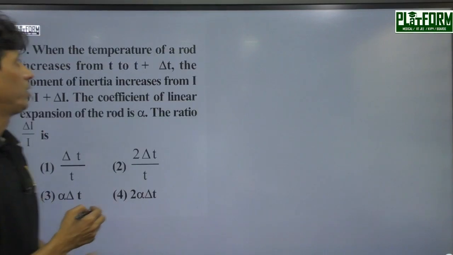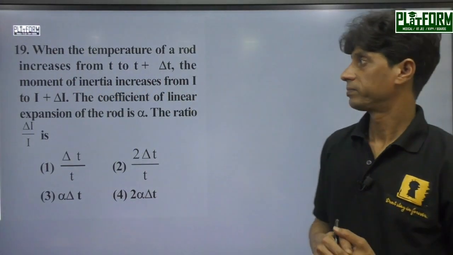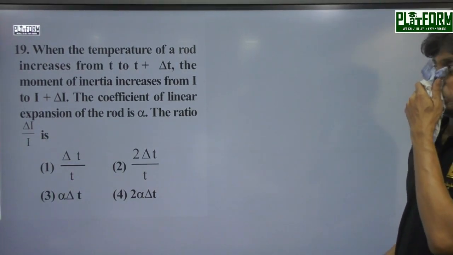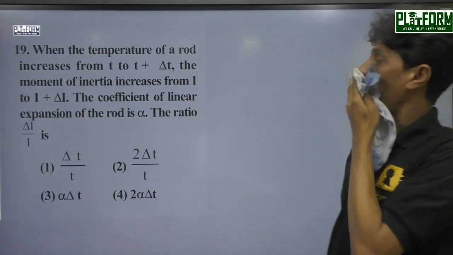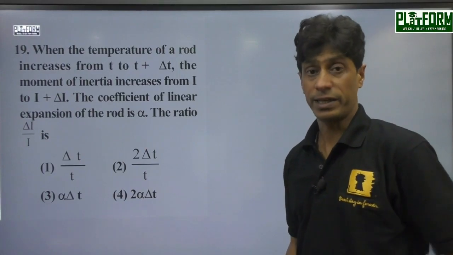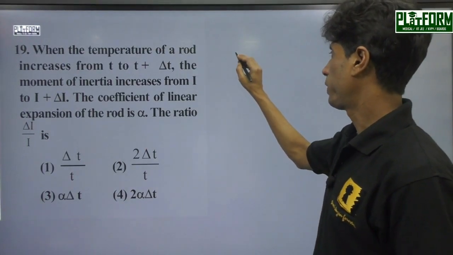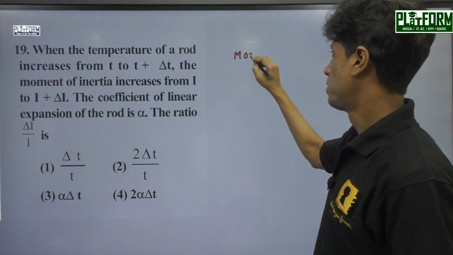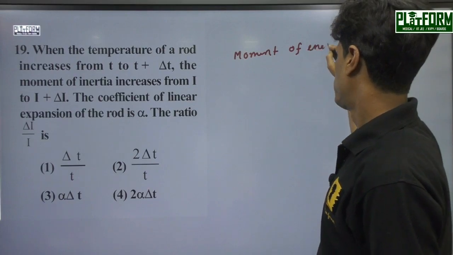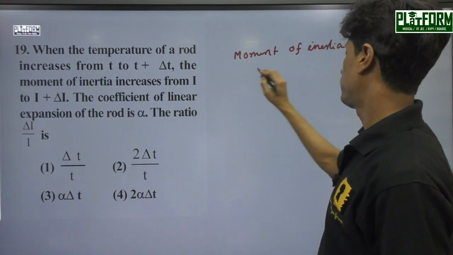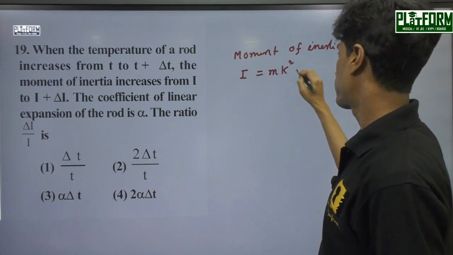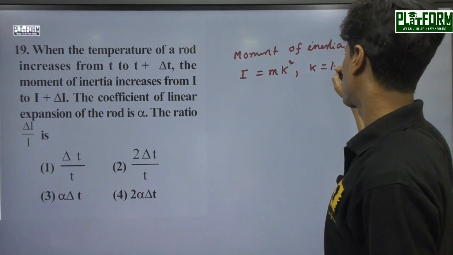Next question, when temperature of a rod increases from T to T plus del T, the moment of inertia increases from I to I plus del I. So very simple question. Moment of inertia I equal to m k square, and k is the radius of gyration.